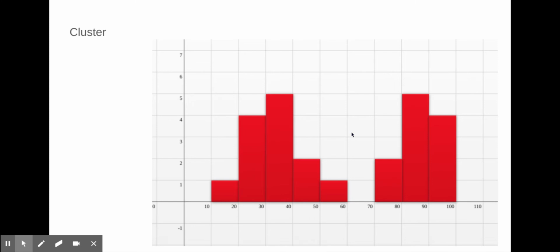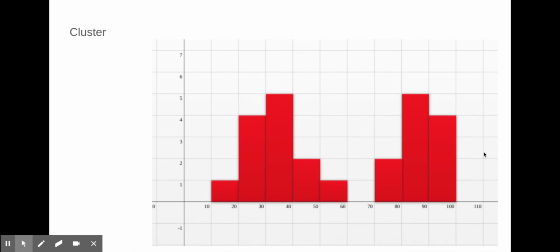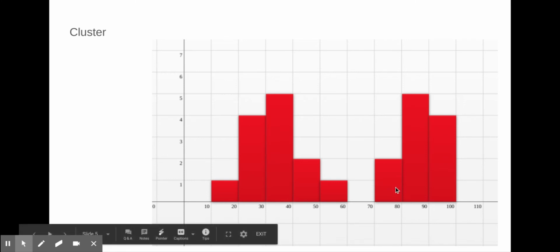If I were using this to describe, say, a test that students did in my math class, I could be confident that this group of students over here on the right had really understood the math based on their scores. I've got a couple in the 70 to 80 band, some in the 80 to 90 band, and some in the 90 to 100 band.